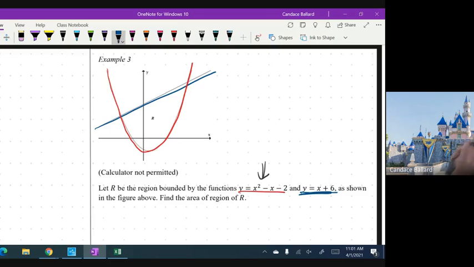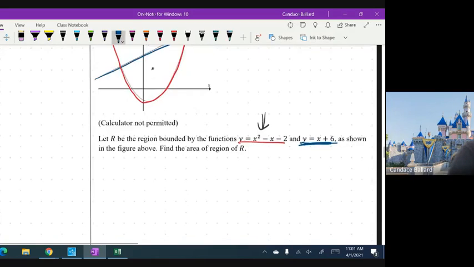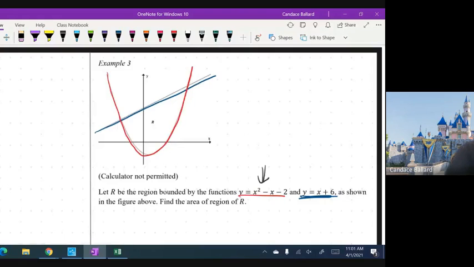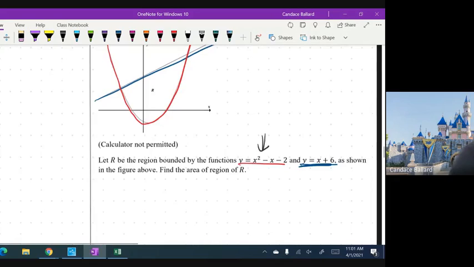So we're going to find the area of region R. I'm going to work up in this blank area. Oh, actually, I'm not going to work up there yet. I'm going to save something else for up there. All right, so we're going to start our integration process. Notice this is a non-calculator problem. I know I did assign a few non-calculators the other day, so we'll go through one non-calculator here.